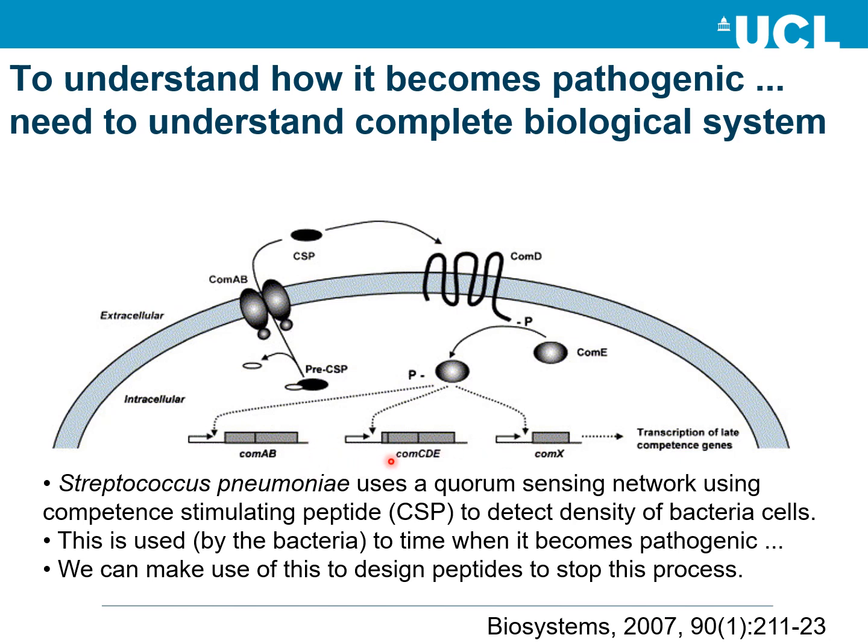What the COMC gene is producing is this CSP protein, which stands for competence stimulating peptide. It's exported outside the cell, and it's a small, short 20 amino acid peptide.